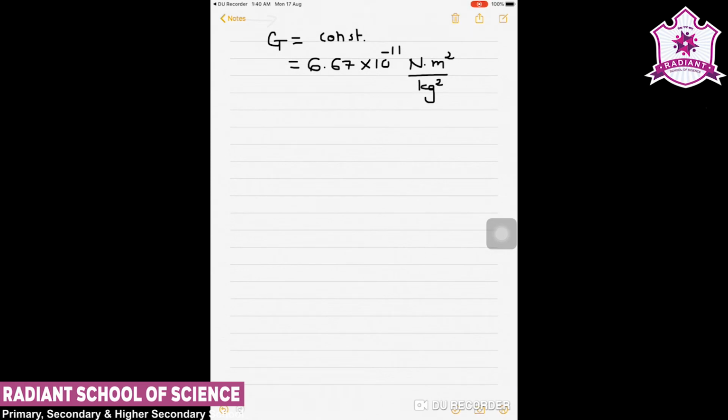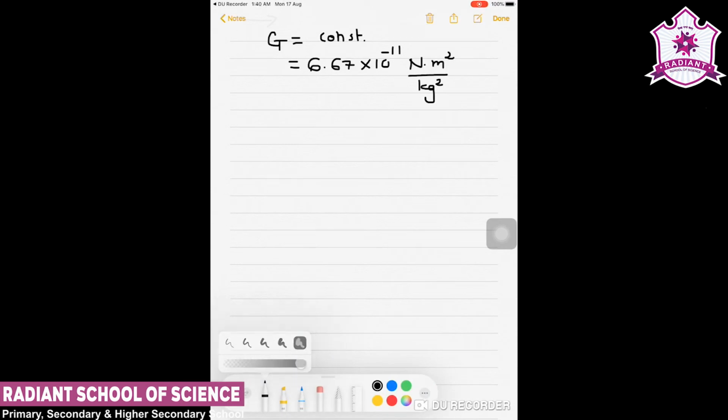In the same manner, the whole planetary system follows the gravitational law and revolves around the sun. Even though this is the weakest force, we can understand how much stronger the stronger forces will behave. So this is about the gravitational force.